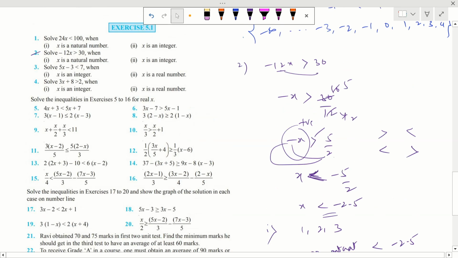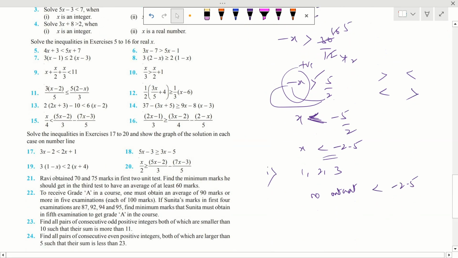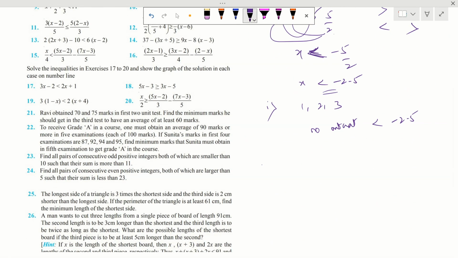The second case is where x is an integer. Integers contain negative numbers, right? Here the condition is x is less than minus 2.5.